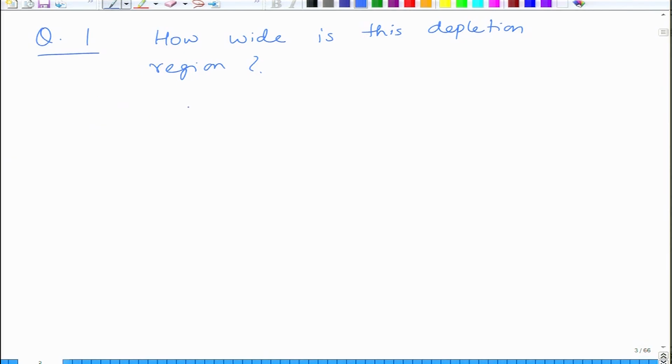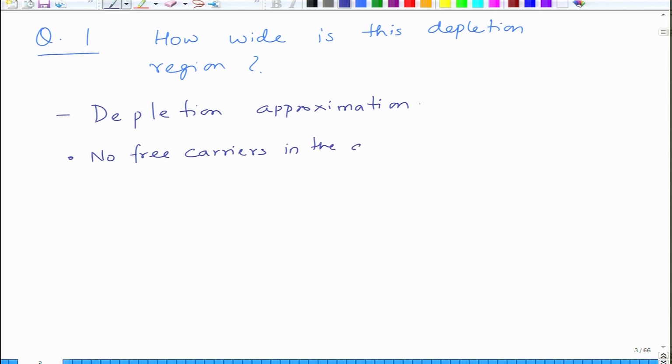For this, what we take into consideration is, first we can make an approximation, which is depletion approximation. Now depletion approximation basically means that you don't have any free carriers in the depletion region.